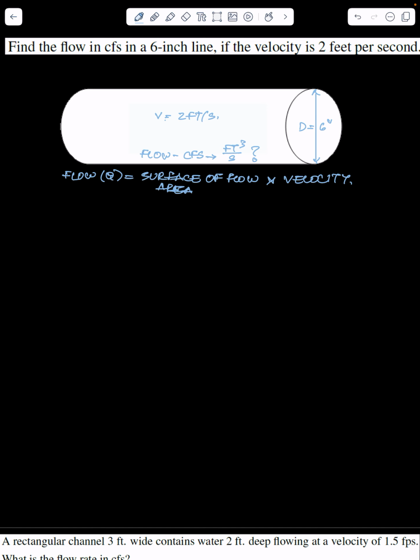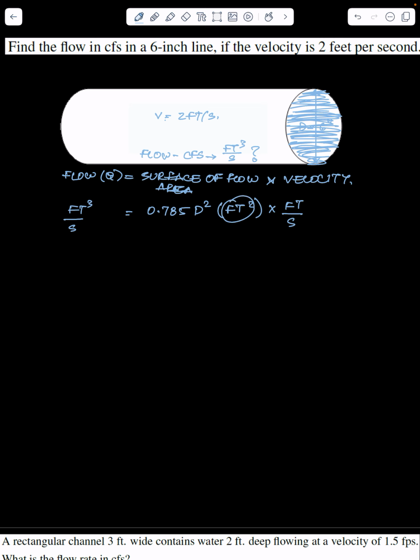Therefore, the surface area of the flow, which is this area that is being hashed, is the same as the surface area of the pipe. So this flow, which needs to be calculated in cubic feet per second, is going to equal 0.785 d squared, and this needs to be in square feet, multiplied by the velocity in feet per second.